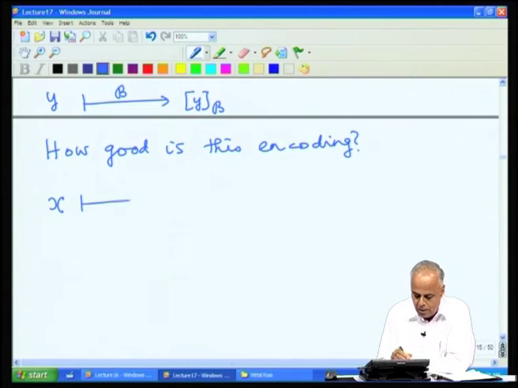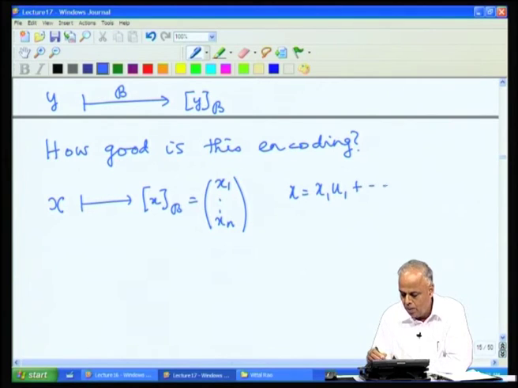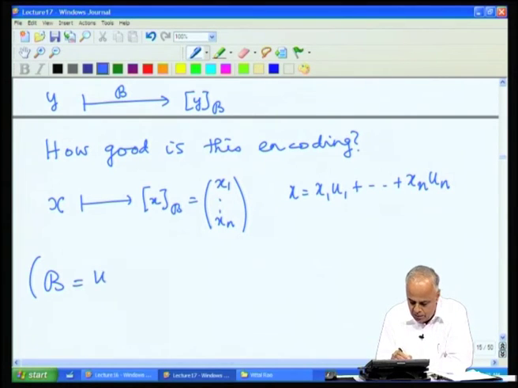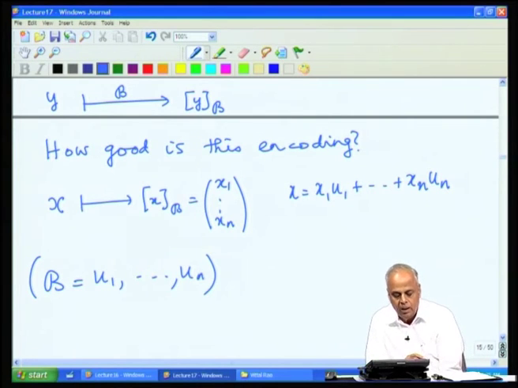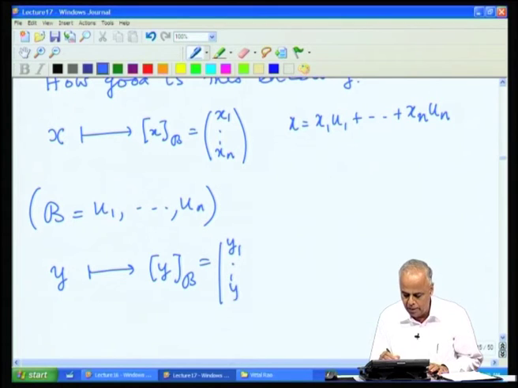Suppose x gets coded as xb, which is x1, x2, ..., xn. This means x is equal to x1 u1 plus ... plus xn un, where u1, u2, ..., un is the ordered basis B. Let us recollect, B will always denote u1, u2, ..., un. Similarly, y is coded as yb, which is y1, y2, ..., yn.